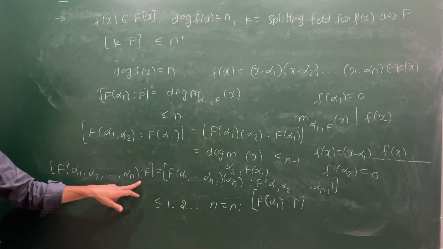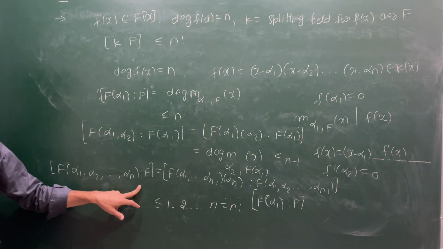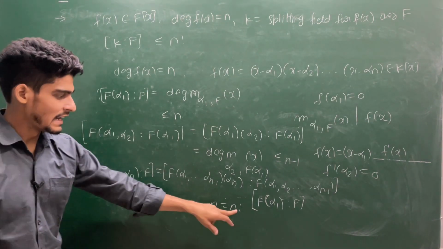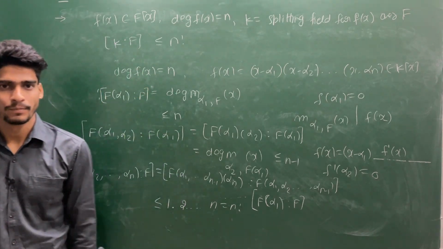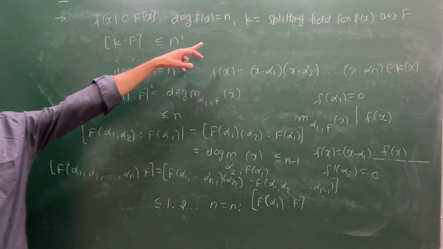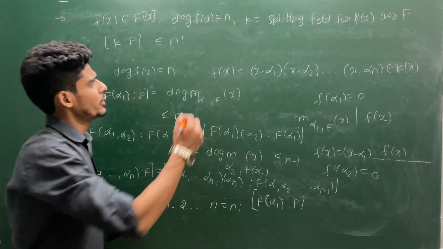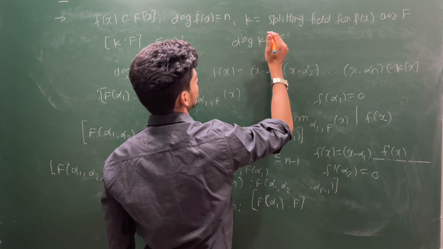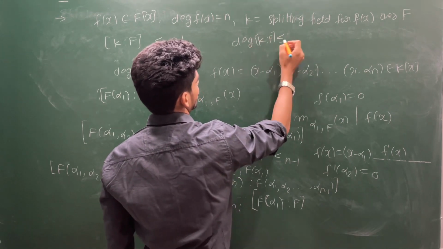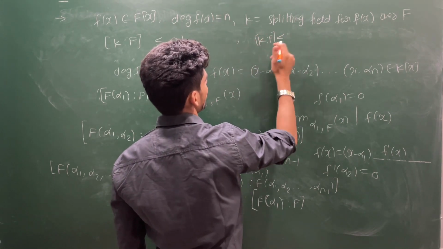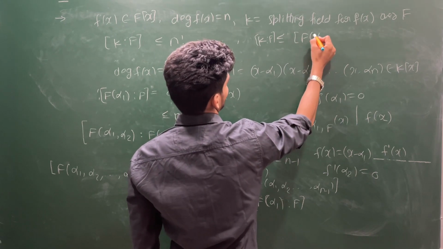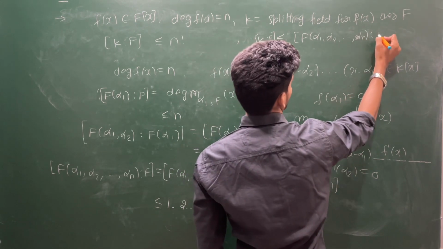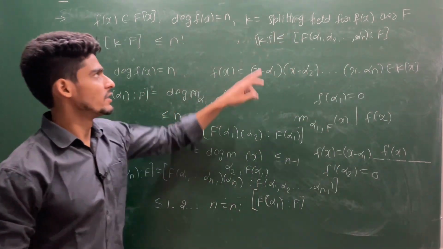That means you are having an extension which contains every root, and this extension can have degree at most n factorial. But you are looking for the degree of K. The degree of K over F must be less than or equal to the degree of this extension, because K is a splitting field.